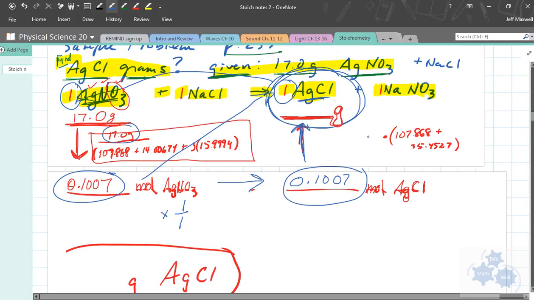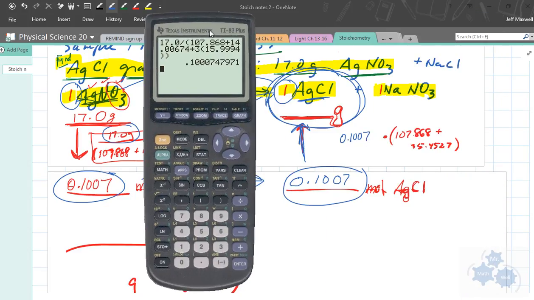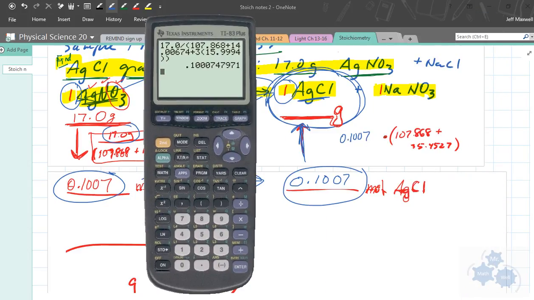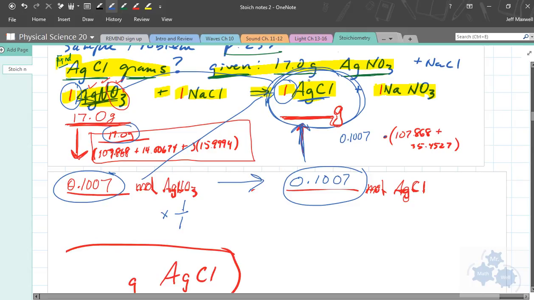So I take this number, 0.1007, and all of its decimal places on my calculator right here, and I'm going to multiply by the grams per mole of AgCl. Okay? Because now we're talking about moles of AgCl going to grams of AgCl.